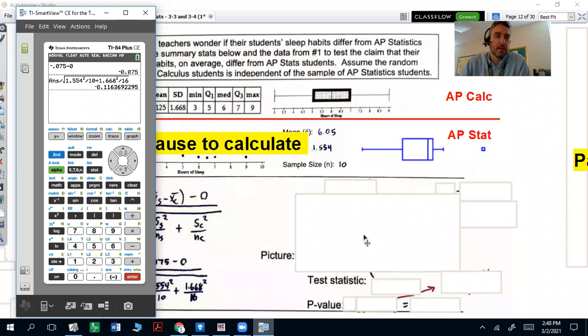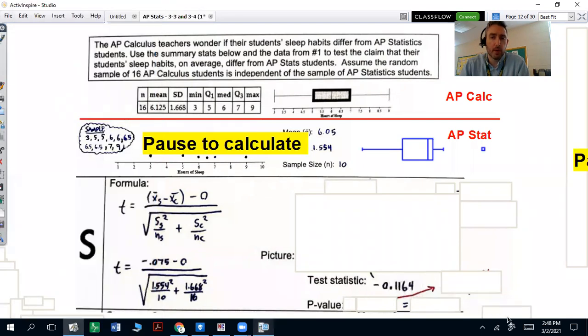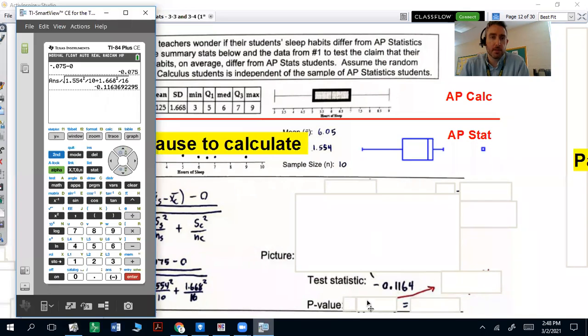Okay, using my calculator, I did the numerator, which would just be negative 0.075, divided by the denominator, and I just typed that all in under the square root. You can see how I typed that in. And I got negative 0.1164, which is consistent with my answer here. So our t-test statistic is negative 0.1164.